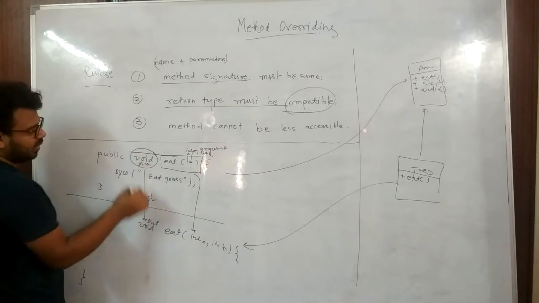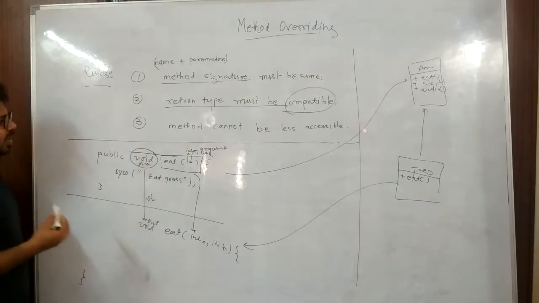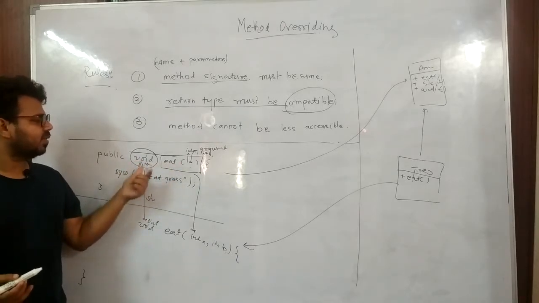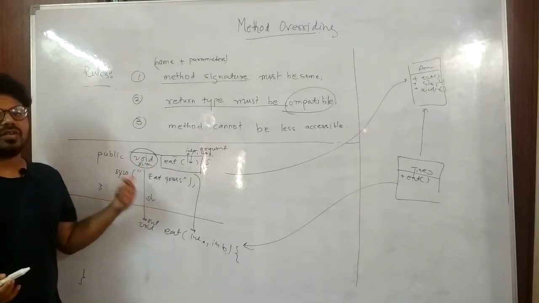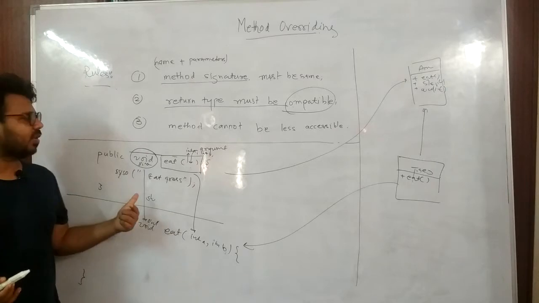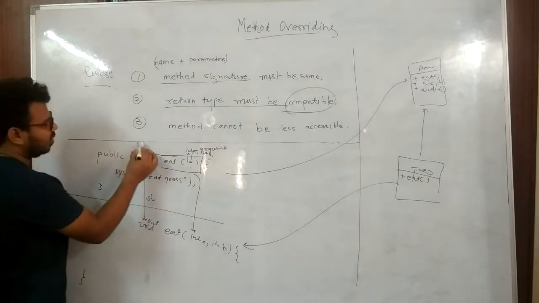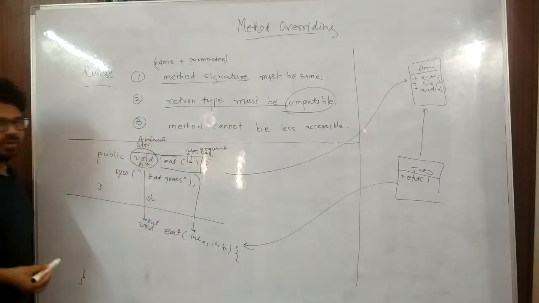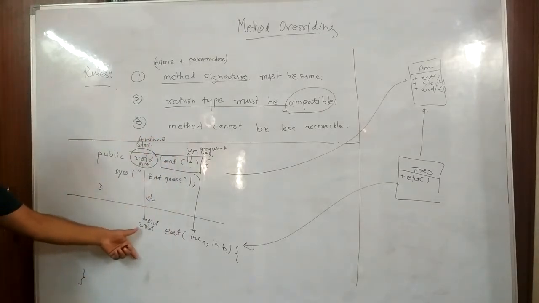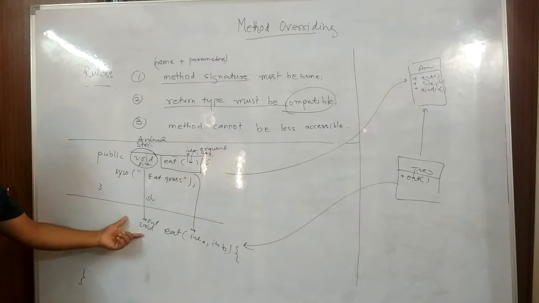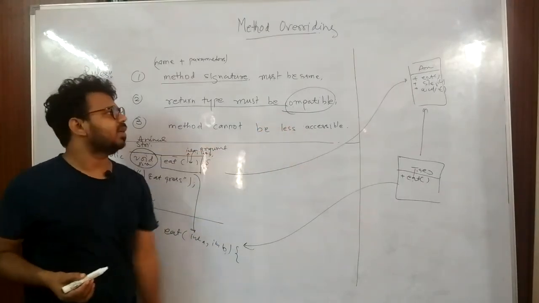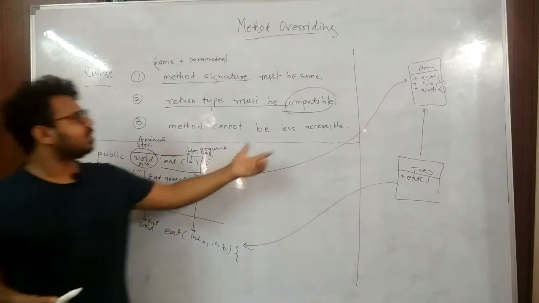If it is a string, or some other reference type like string or animal, then we have to think about compatibility. So what does compatible mean?